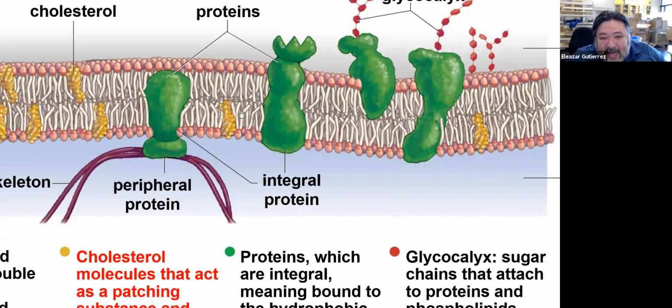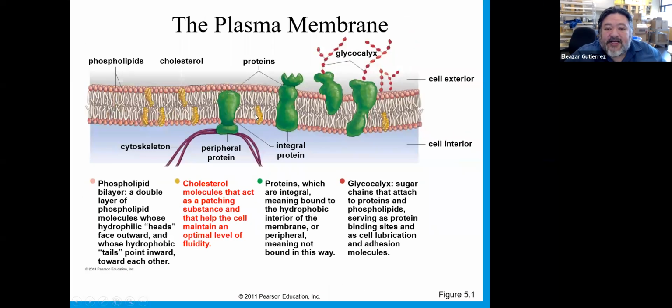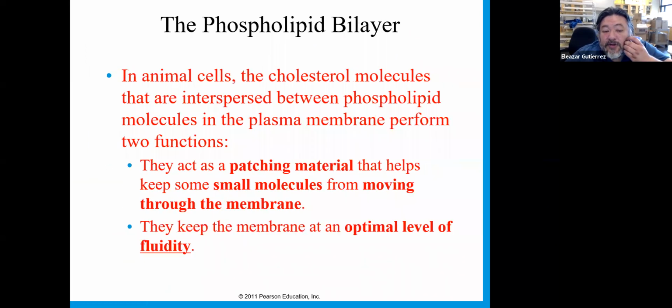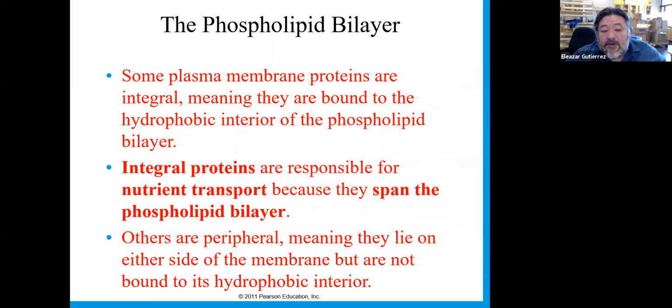It has to cross the phospholipid bilayer. So you need an integral protein, and that's what that slide is telling you. Integral proteins are responsible for nutrient transport because they span the phospholipid bilayer.